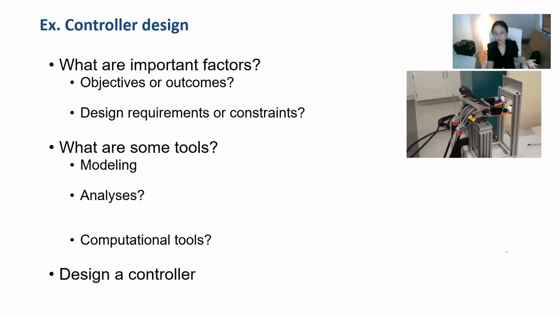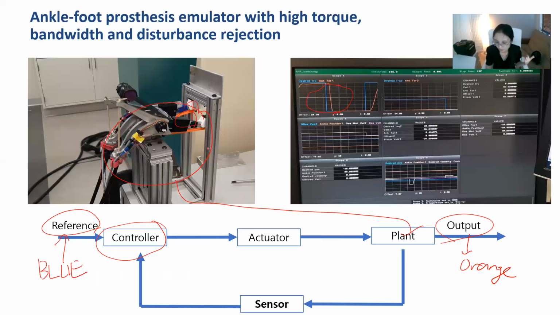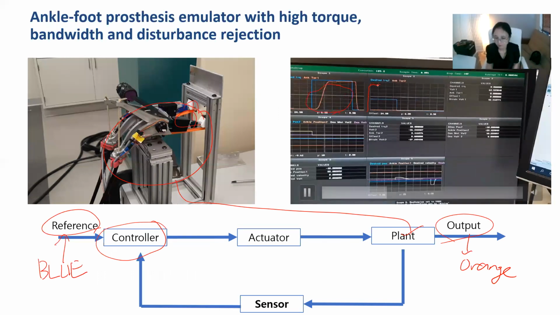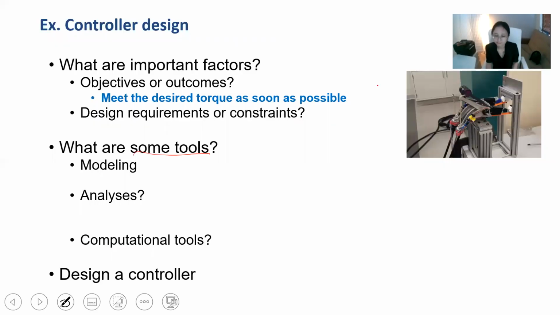So for this controller design, we need to decide what our objective is, what the design requirements are, and what kind of tools we have. And then we can design a controller. So for the previous design, the objective was to meet the desired torque as soon as possible. So here it's a little bit slow, but we hope that it can reach the desired torque really fast without any delay.